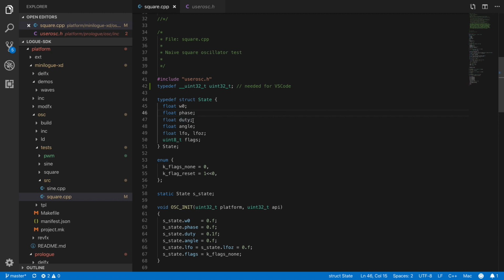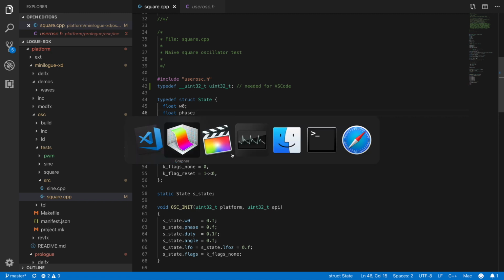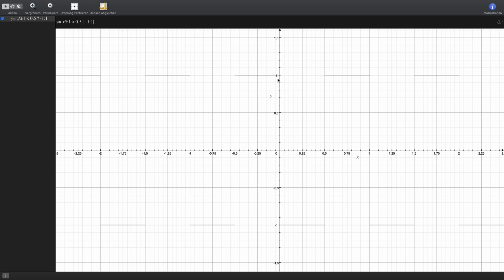So if you look into a square waveform, I've just drawn one here. We are starting at the origin, and at the origin we're returning the value of -1. And then after 50%, we are switching back to 1.